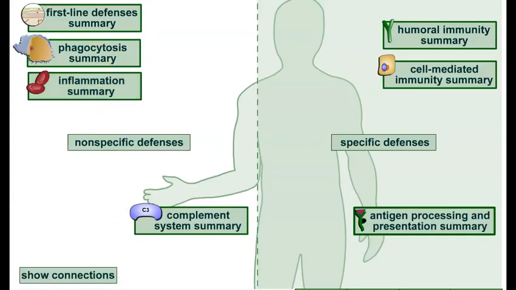So just to go back and think about all of these different elements we've been looking at: your physical and chemical barriers on the exterior of your body to prevent things from getting in, then the underlying mechanisms like phagocytosis, all the elements in your bloodstream, and then this process of inflammation.